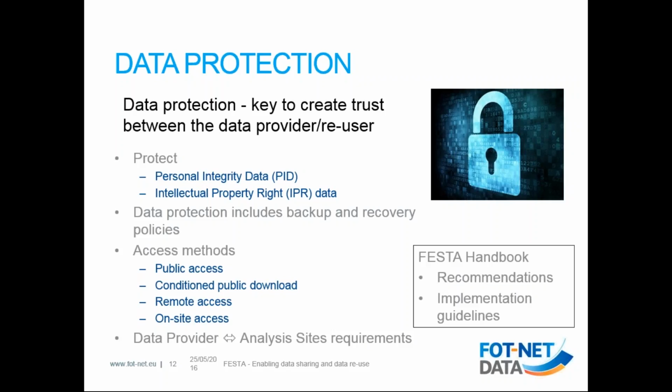The two key data sets that need protection are the personal integrity data, and that is probably the one that has the most focus, because you have a lot of national laws that affect this. But the laws also talk about the intellectual property rights, the IPR data.